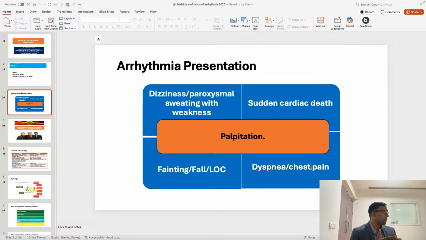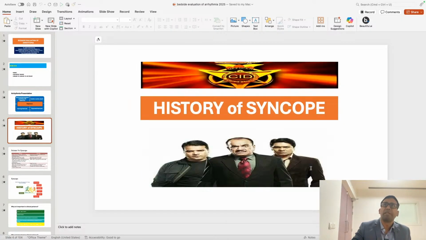Whenever the palpitation came, the heart rate went to 170, 180, and he gave more pain than palpitation. What is happening? Pain is happening. But he had a normal angio, and the palpitation was manifesting as microvascular angina. Okay. So of all five presentations, palpitation is the most common.